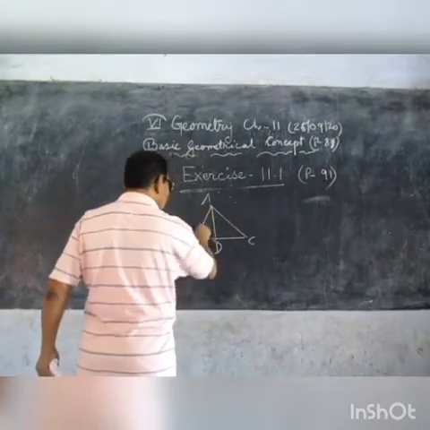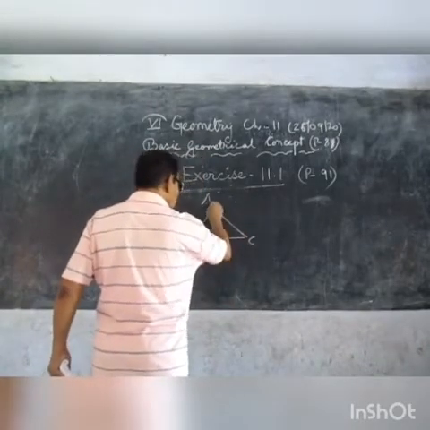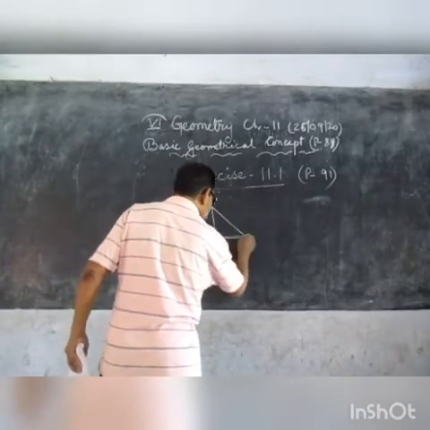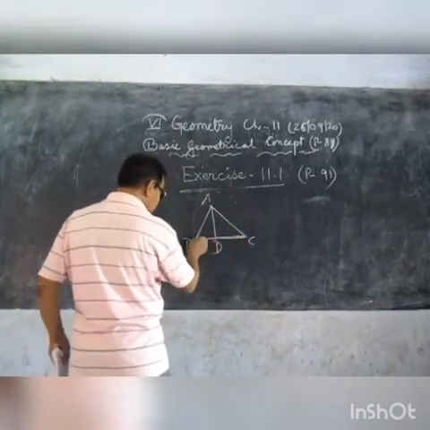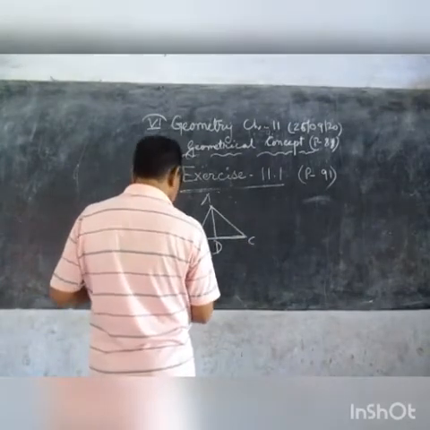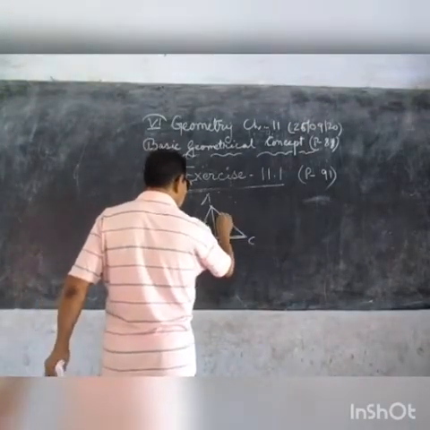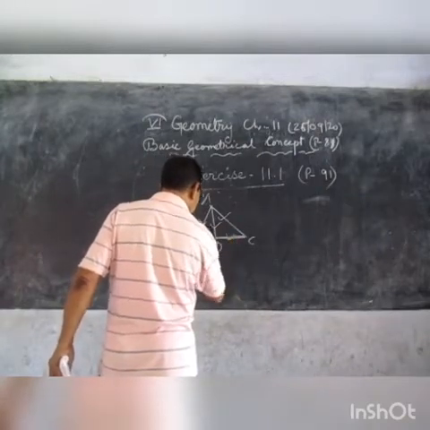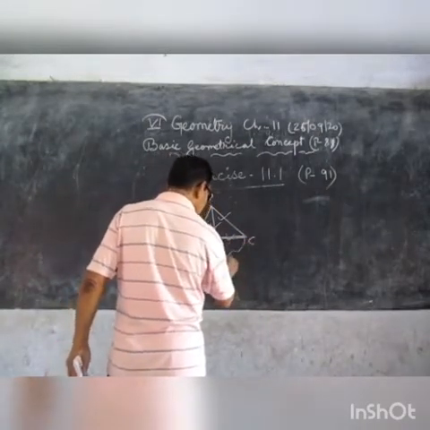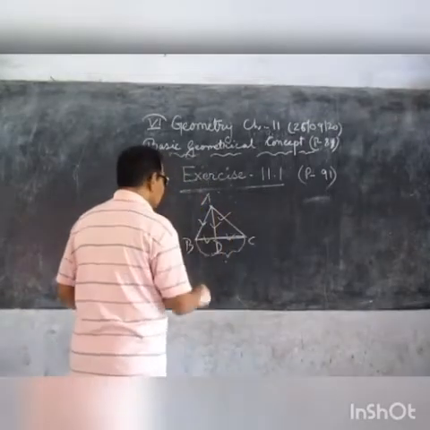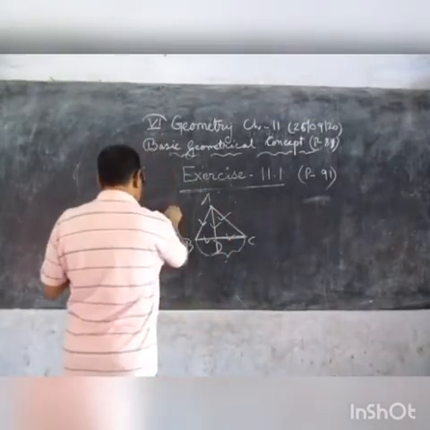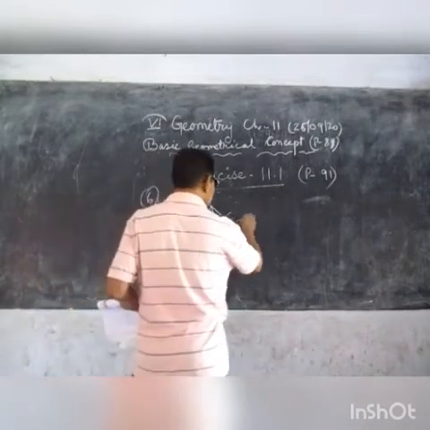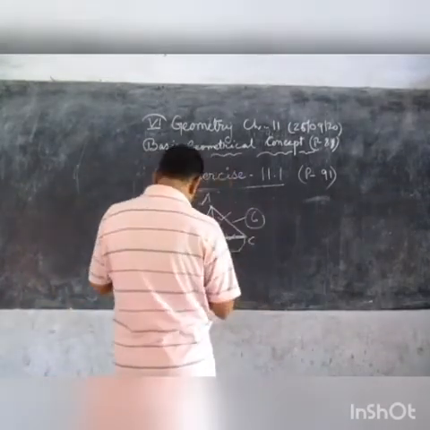This is 1, 2, 3, 4, 5, and 6. 6 line segments are there. How? 1, 2, 3, 4, 5, and this is 6. And another one. 6 line segments are there in figure A.